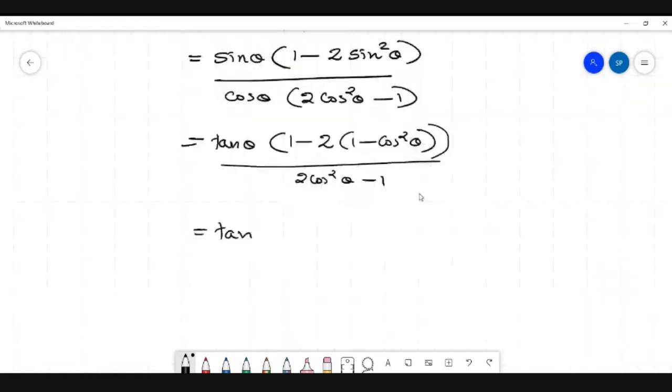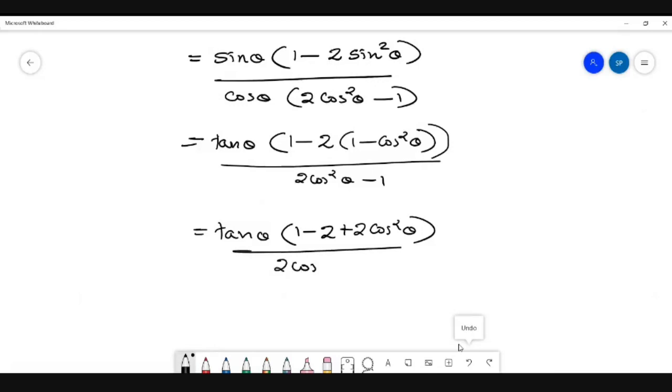That is tan theta into 1 minus 2 minus, we apply to the bracket, that is operate the bracket, multiplying with the minus 2, into 1 minus 2 into minus, that is plus 2 cos square theta, divided by 2 cos square theta minus 1.